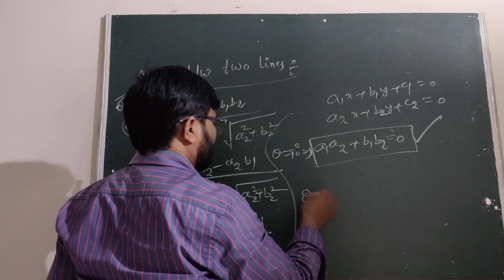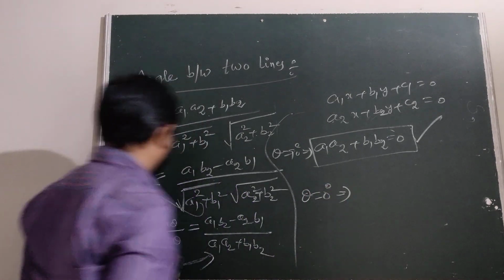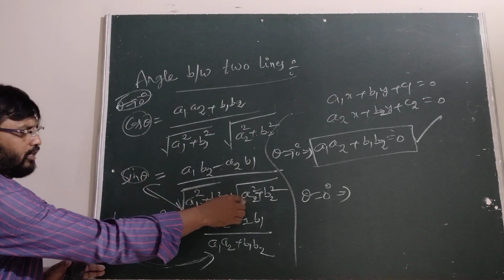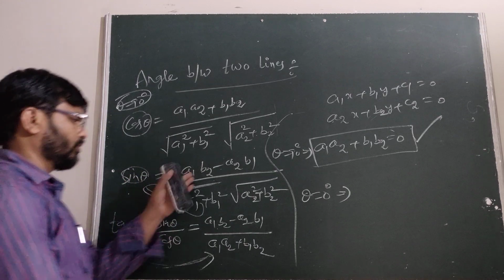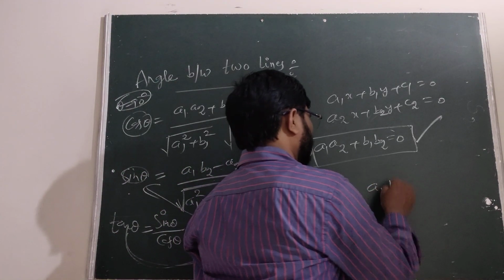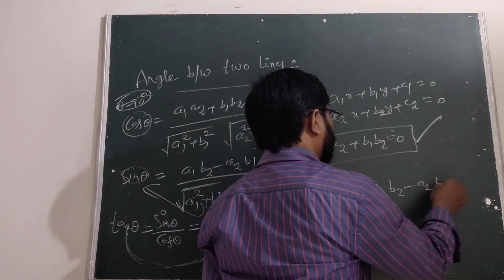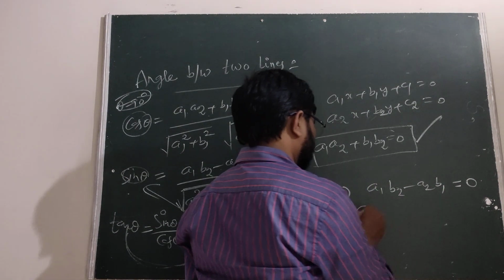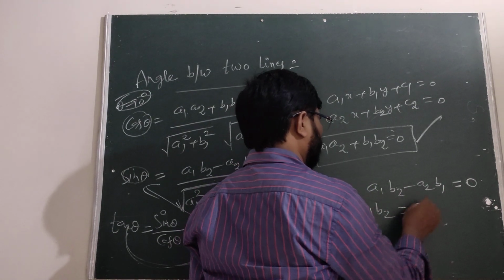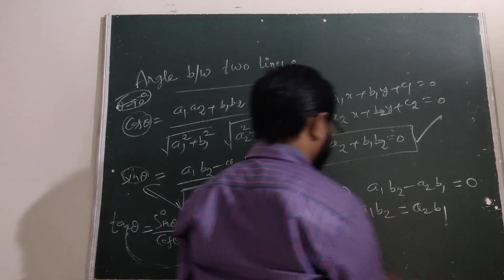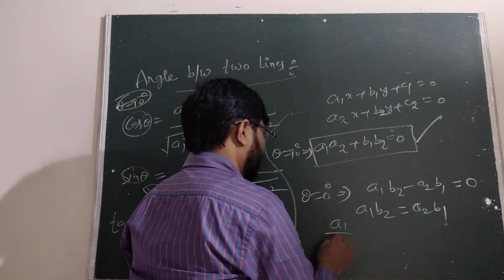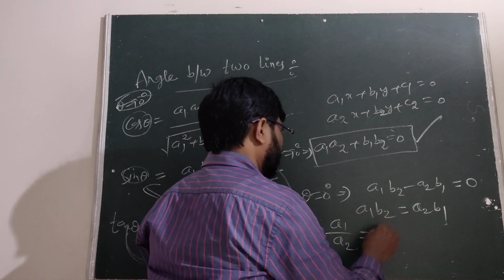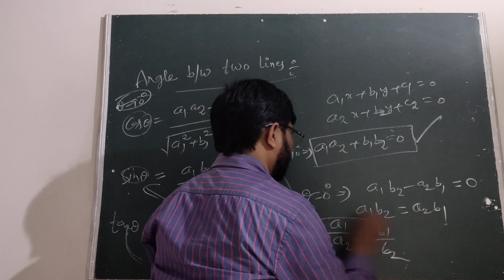When we are taking theta equal to 0 degrees, sin 0 is 0, then it will be completely sent to the other side, 0. That means a1 b2 minus a2 b1 equal to 0, that is a1 b2 equals a2 b1. Therefore, now we can write a1 by a2 equals b1 by b2.